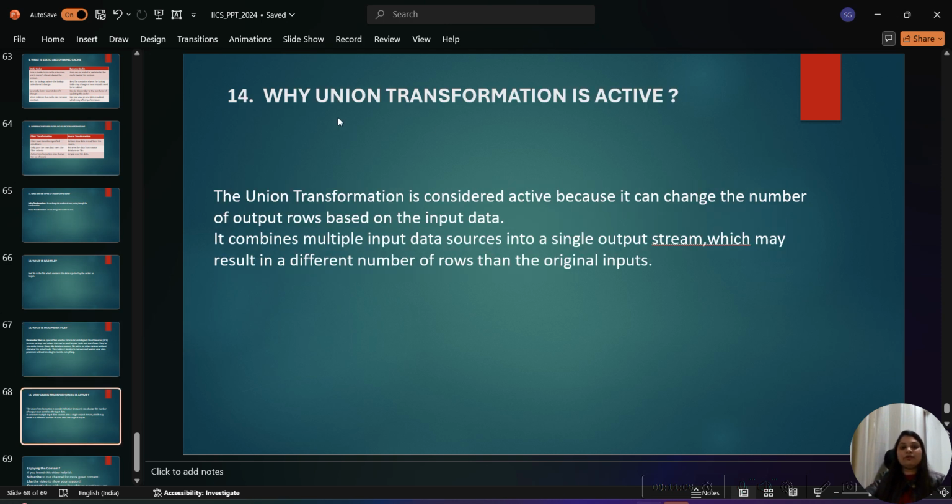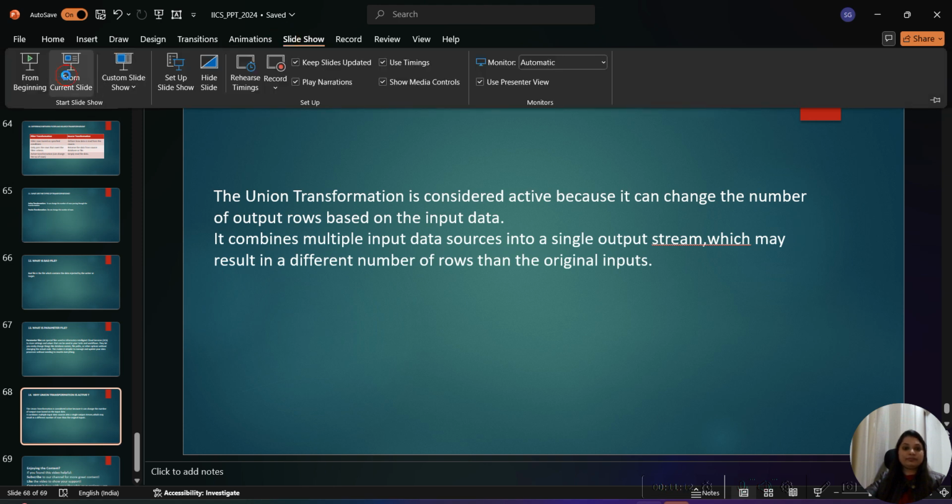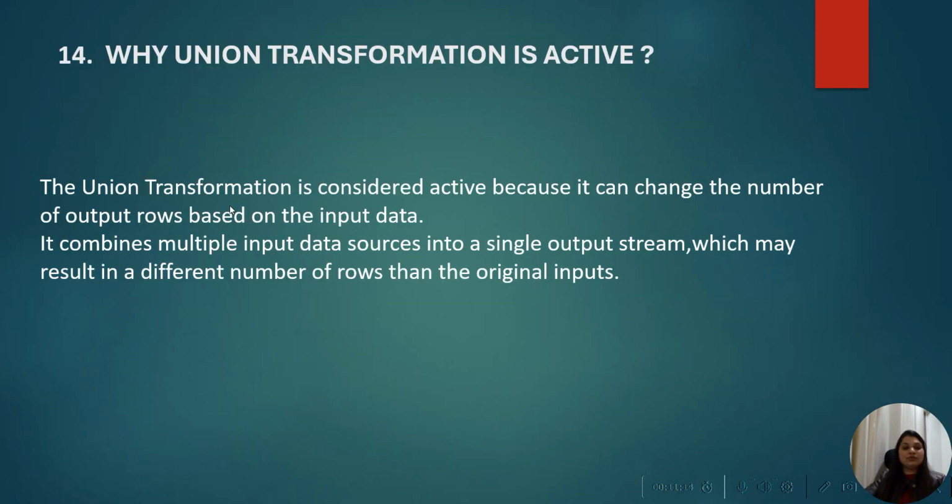Then next question, why is union transformation an active transformation? The union transformation is considered active because it can change the number of output rows based on the input data. It combines multiple input data sources into a single output stream, which may result in a different number of rows than the original input.